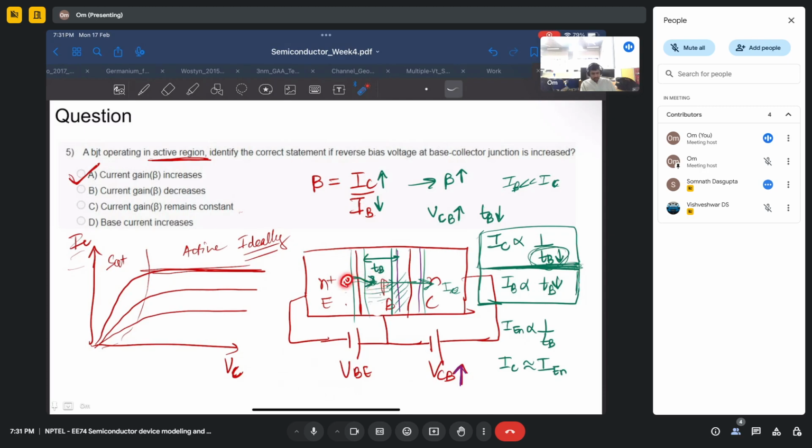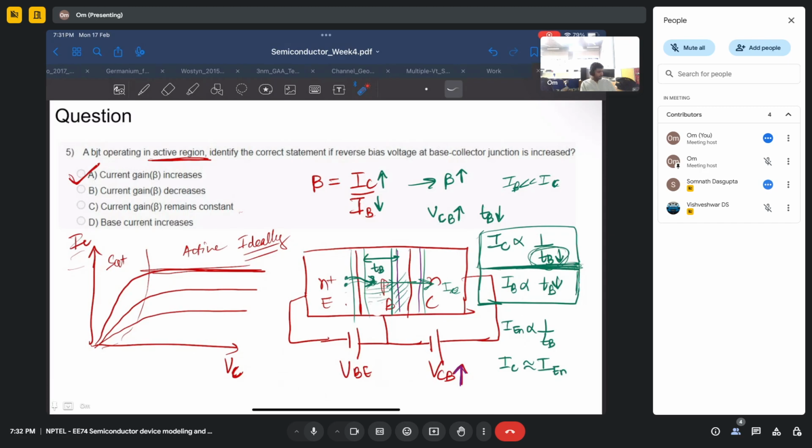There's an exponential dependence on this injection of electrons, whereas the recombination that is happening, which constitutes IB, is not exponentially dependent on VBE.